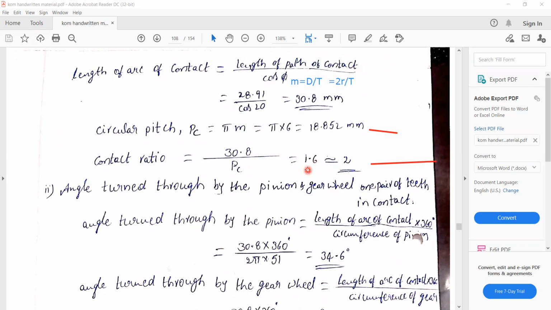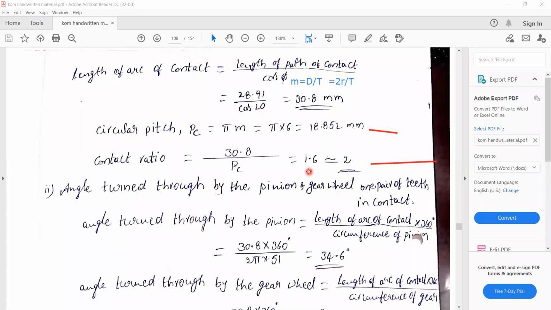So actually the contact ratio value may come as 1.1 or above, 1.1 up to 1.9, whatever it may be. You may also take it as approximately 2, okay. Below 1 is not sufficient.